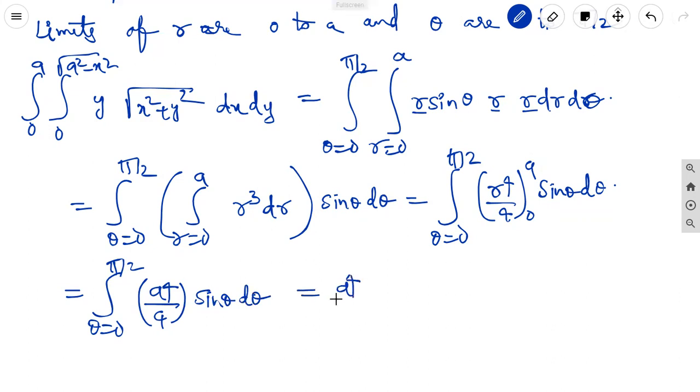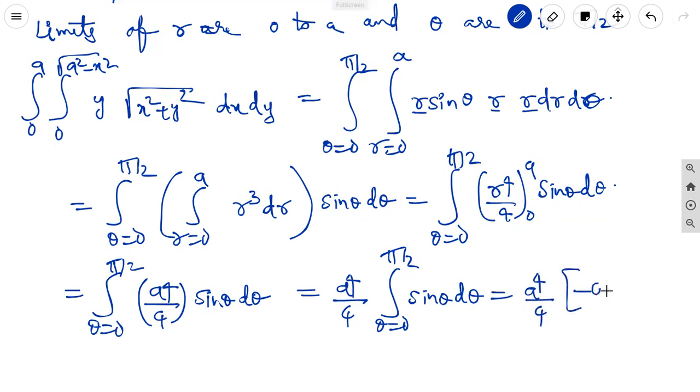So it is equal to a to the power of 4 by 4 outside, integral theta equal to 0 to pi by 2 of sin theta d theta. Sin theta integration is minus cos theta, limits from 0 to pi by 2.